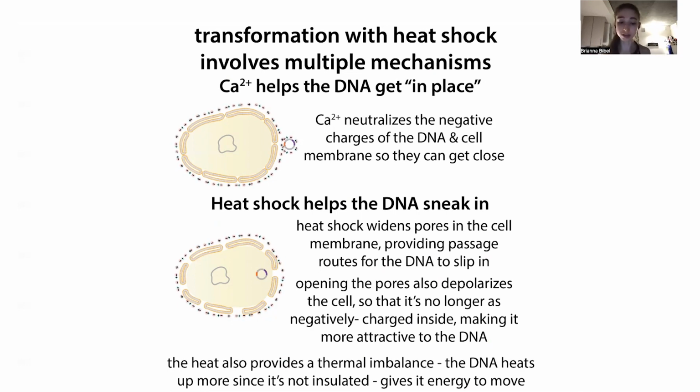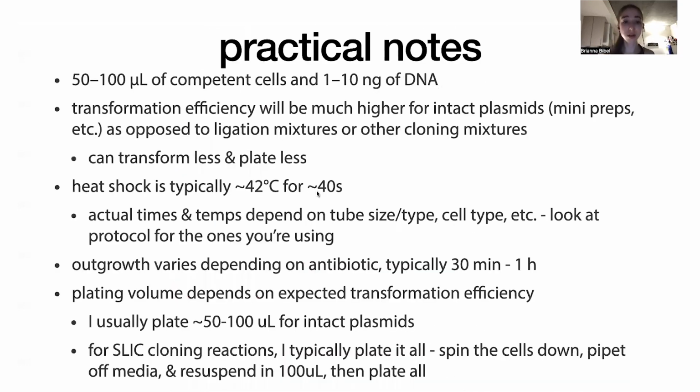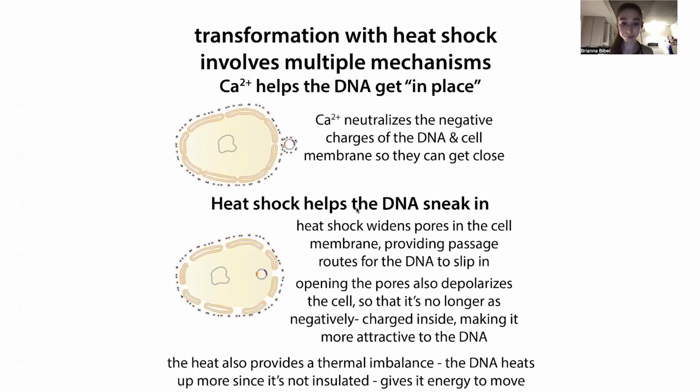The exact details are going to depend on your protocol. Typically, I do about a 40-second heat shock. The actual times and temperatures are going to vary depending on your tube size and type and the cell type, so look at the protocol for the ones that you're using. But what's going to happen when you do the heat shock is there's a variety of mechanisms at play, and it's not completely understood exactly what's going on.